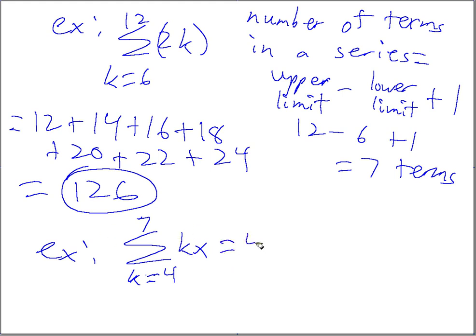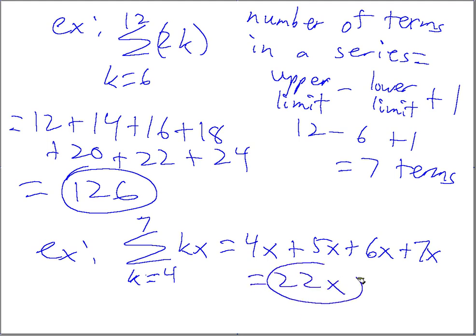Well, that's equal to 4x. Remember, you're plugging in for k, not x, so x stays x, it stays a variable. In other words, you're plugging in for k, not for x. So 4x plus 5x plus 6x plus 7x. Can we see I just plug in 4 to 7 for k on the coefficient of x in this case. So 9x plus 6x is 15x, plus 7x is 22x. That is the solution.